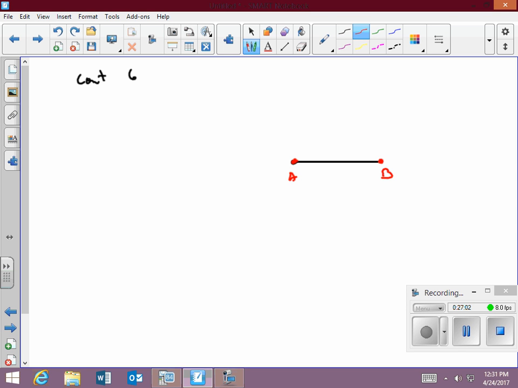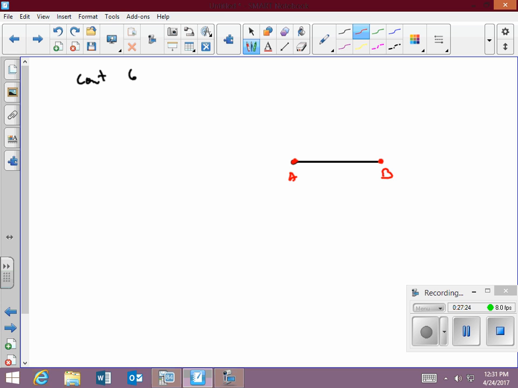And the way you do it is you would take your compass and you would make it longer than half the distance of AB.